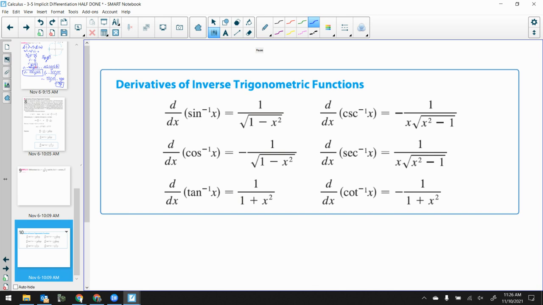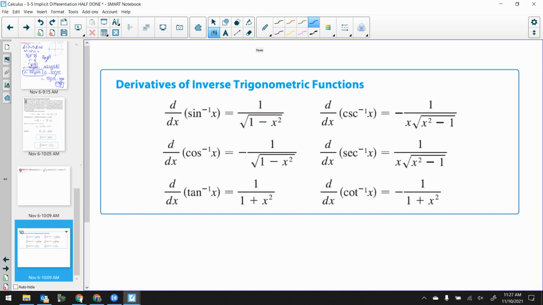Trust me, the proofs are all in the book. If you'd like to research those, I could explain it to you, but I fear that it would just go right over the top of your head. So here's what I'm going to say. These are the derivative rules for inverse trigonometric functions. They are all right here on your sheet.